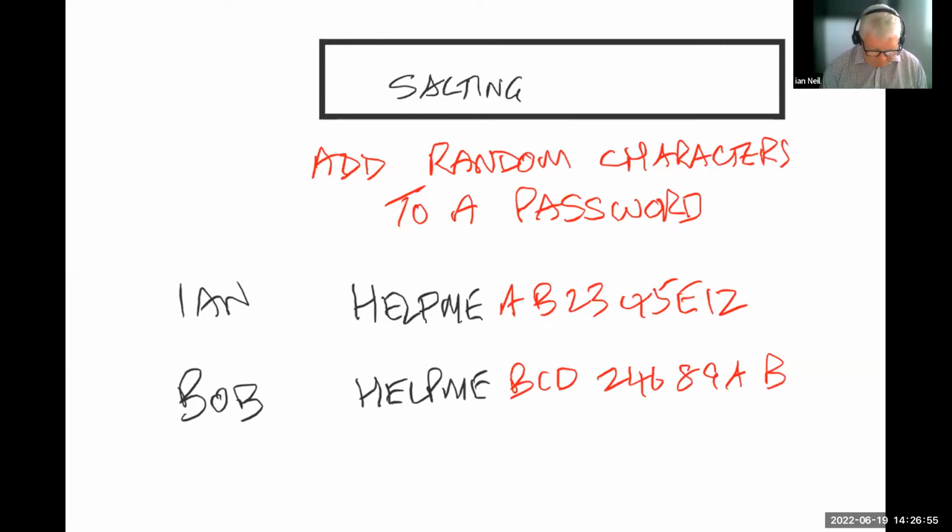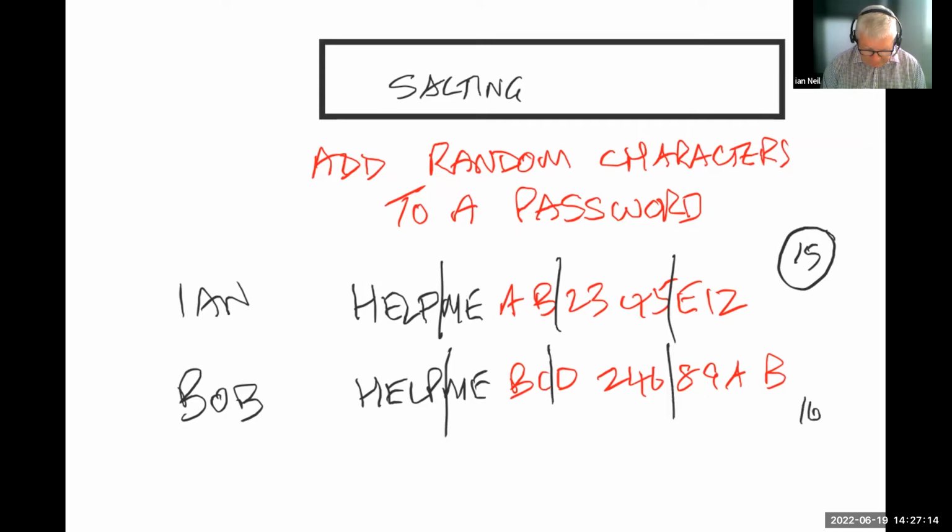But look at Ian's password. It's gone from 4 characters to 8 to 12 to 15 characters. So there are 15 different combinations. And for this one, it's gone from 3 to 8 to 12 to 16 characters.